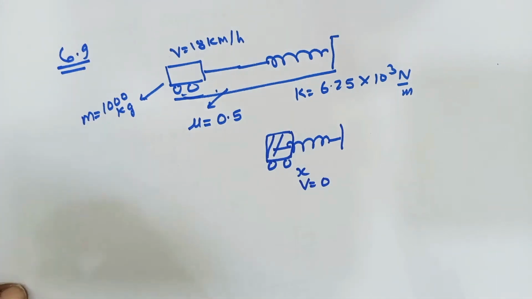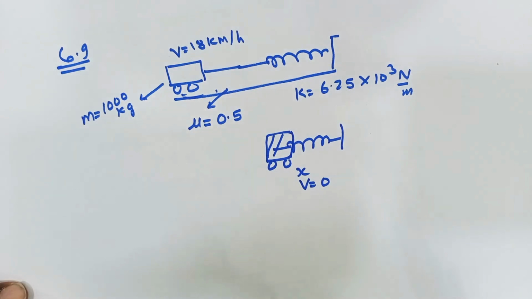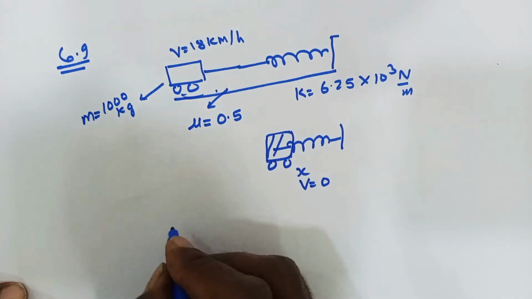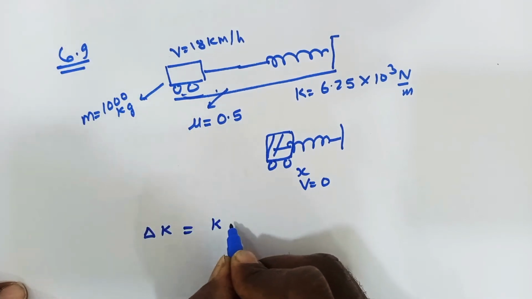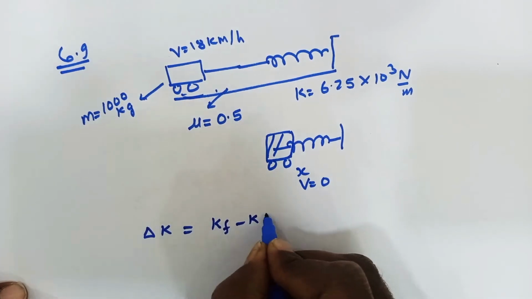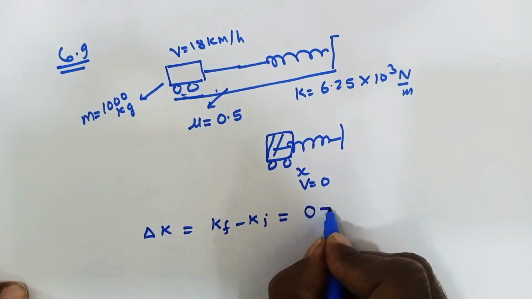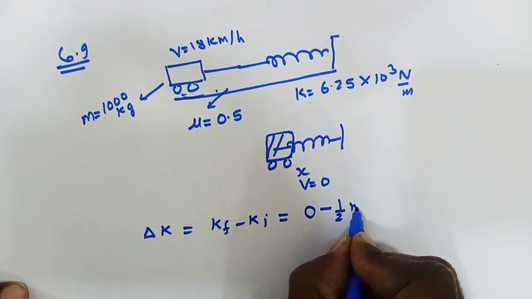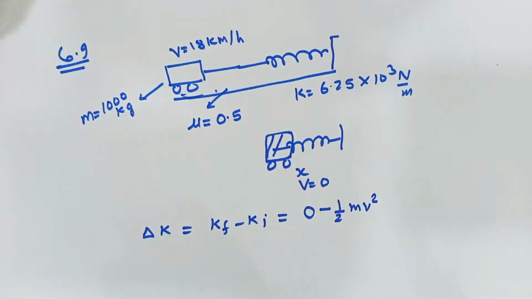So at this time, the change in kinetic energy, delta K, will be Kf minus Ki. Kf is the final kinetic energy, which is 0, minus half m v square. But what will be the work done by the net force?